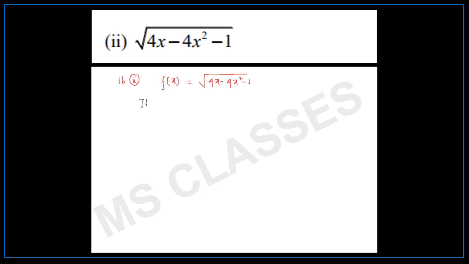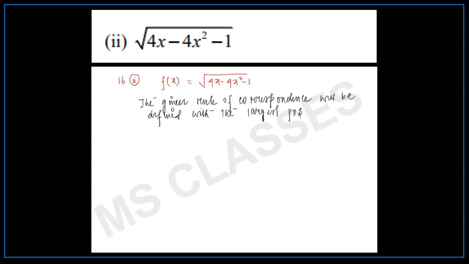Here the given rule of correspondence will be defined with the largest possible domain when 4x − 4x² − 1 is greater than or equal to 0.